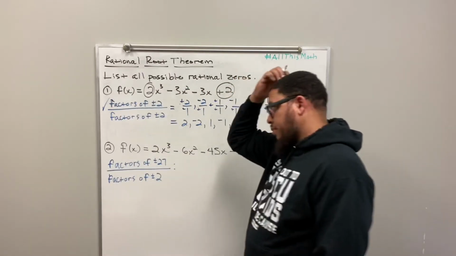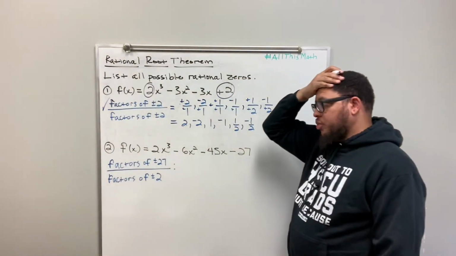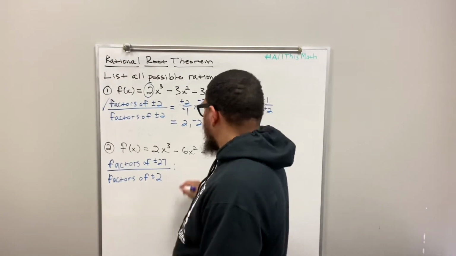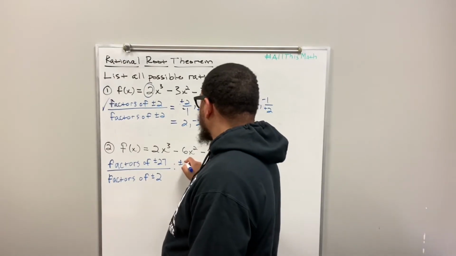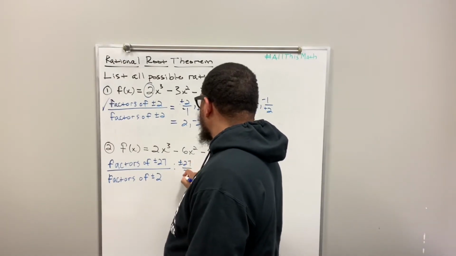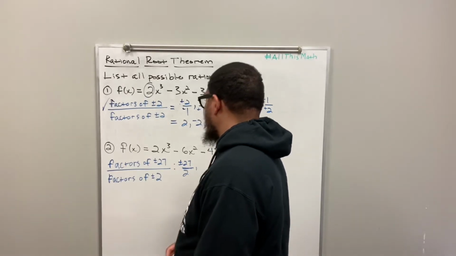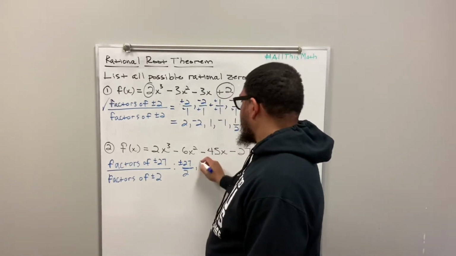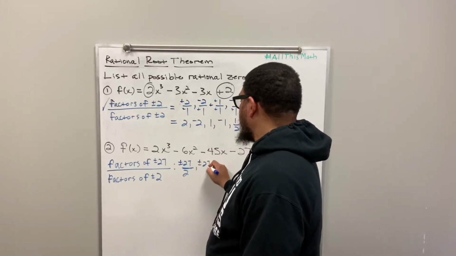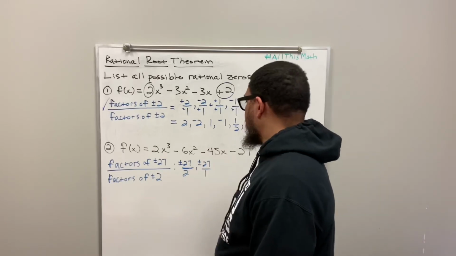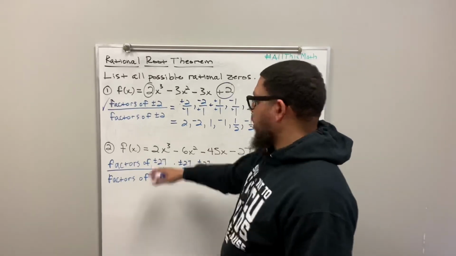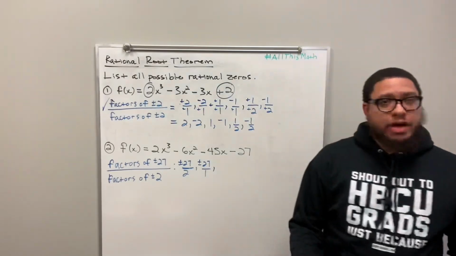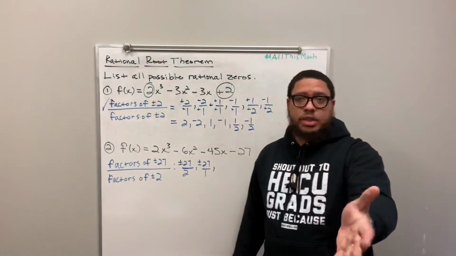All right? So if I start with the biggest factor of 27, I'm going to do plus or minus 27 over 2, right? And then plus or minus 27 over 1. And then I'm going to take another factor of 27. I know 9 times 3 is 27.